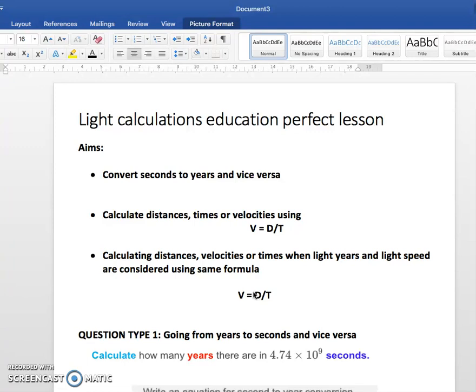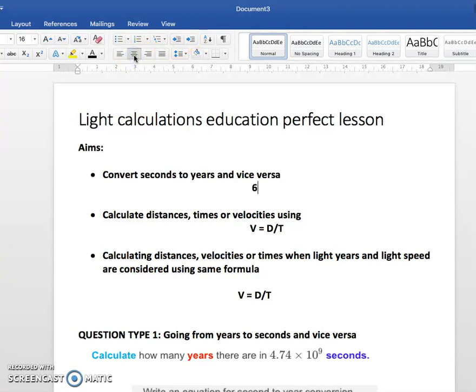One of the aims is to convert seconds to years and vice versa, and you're going to do that using a particular combination of multiplications. In 1 year, we want to know how many seconds there are.